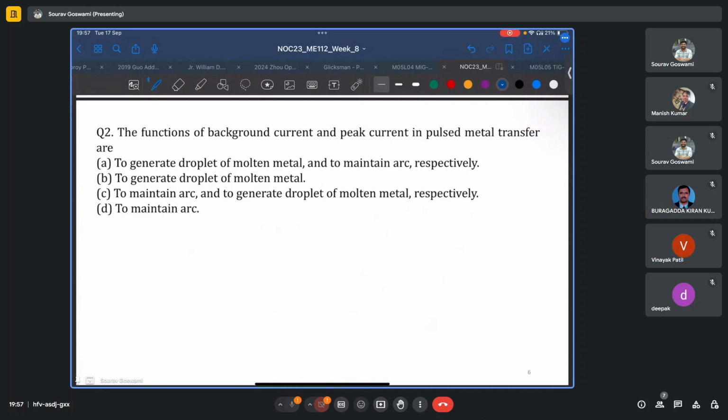The second question: the functions of background current and peak current in pulsed metal transfer are what? If we remember, we said that for the case of MIG, often a pulsed current is desirable rather than having a uniform current or voltage.